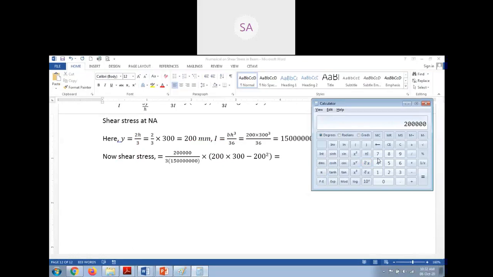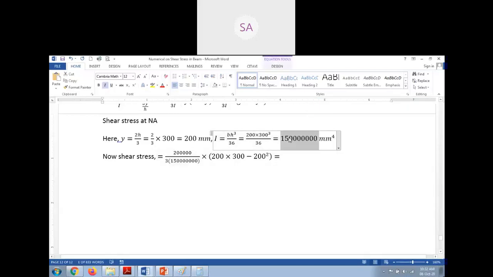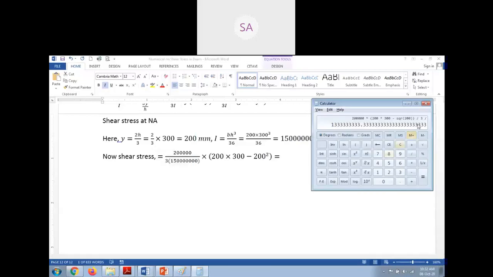Alright, so this is 200,000 into, I'll open a bracket, 200 into 300 minus 200 square, close the bracket, by 3 by, I will better copy this value and put it here. So it is 8.8888.